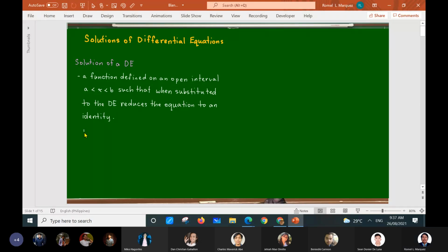Generally, a solution of a differential equation fulfills the following conditions.